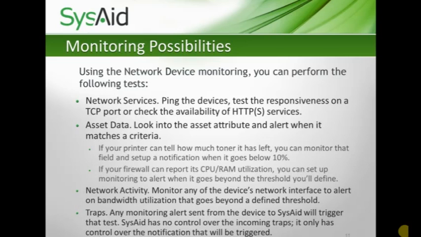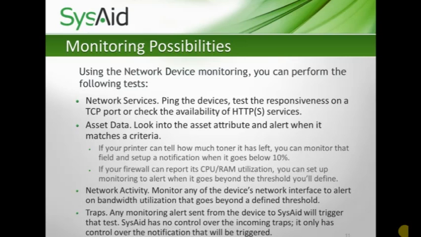Another example is for monitoring performance on a firewall or a router. You know, these things have their own CPU and memory, and there's only so much they can take; they can't really do an unlimited amount of work. If a firewall goes beyond a certain percentage of CPU or RAM utilization, it becomes slow, the network becomes slow, it might get stuck, and you want to get a notification before that happens.